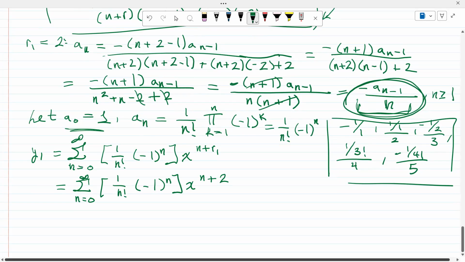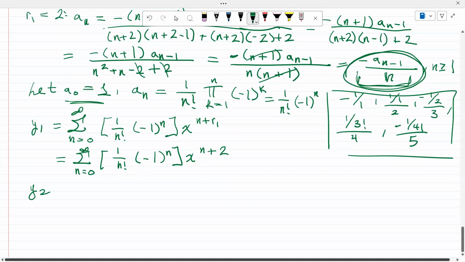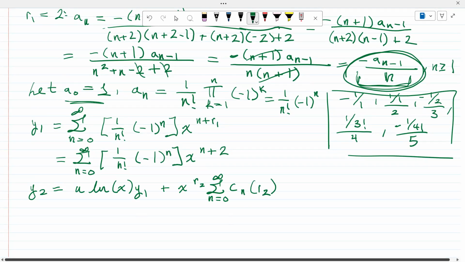So we have y2 is equal to a ln x y1 plus x to the r2 times the series from n equals 0 to infinity of cn evaluated at r2 times x to the n. Okay.